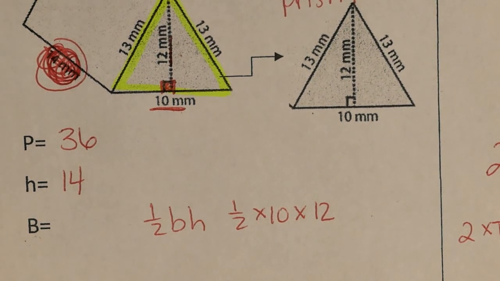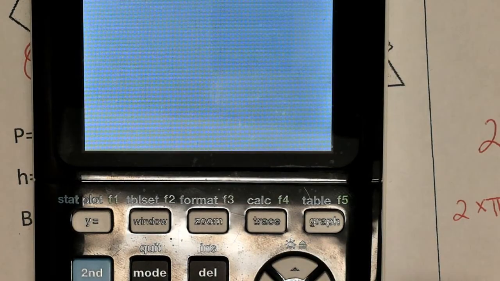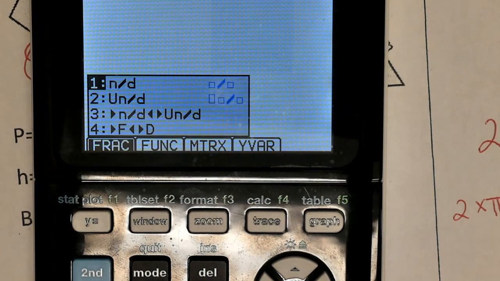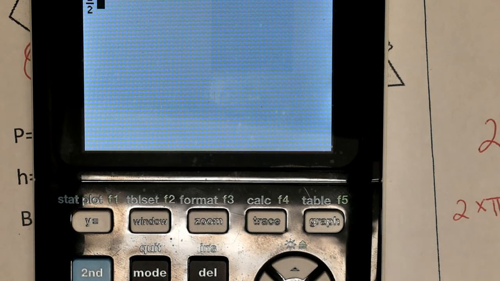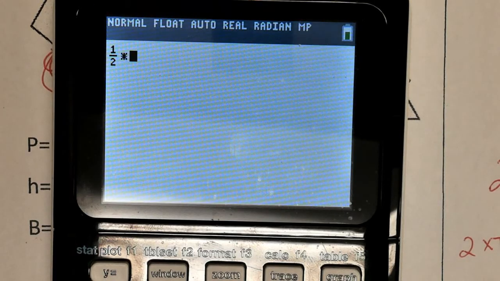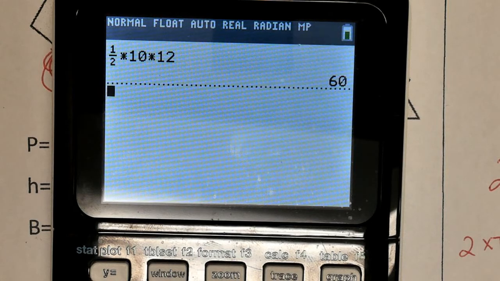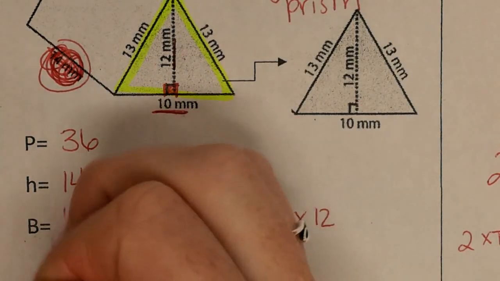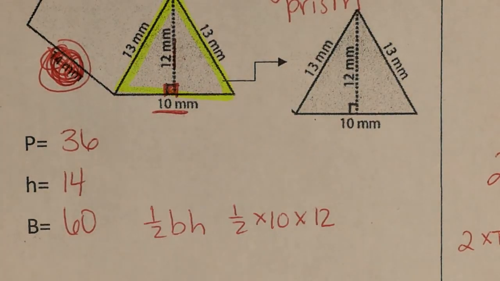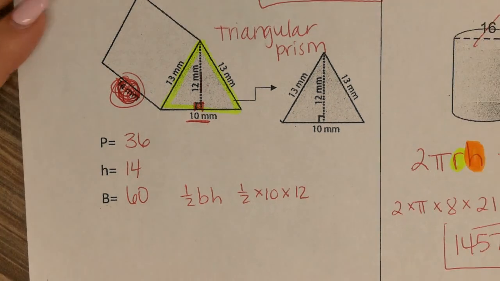Do y'all understand how that works? All you have to do is find the right angle. Okay, so here we go. 1/2 times 10 times 12, and I get 60. That was not that hard.